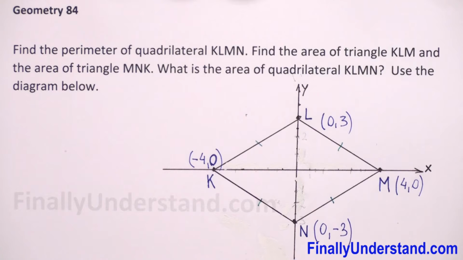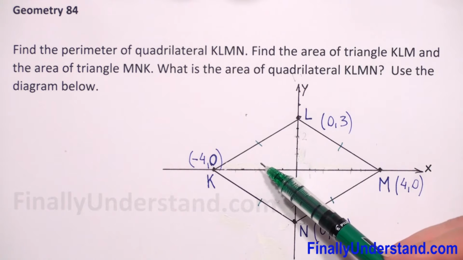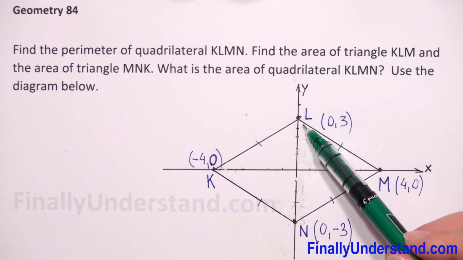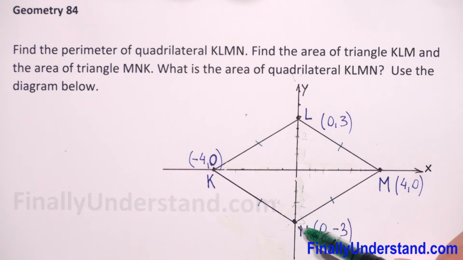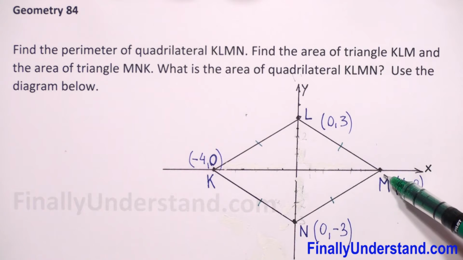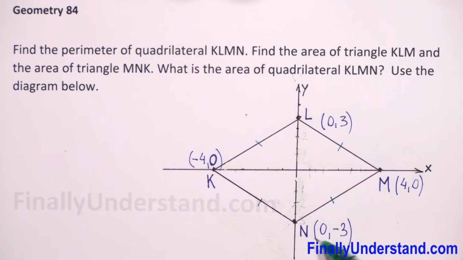And when you fold this sheet of paper along the x-axis, again we have that KL will cover KN and LM will cover NM. So we can say that we have here a regular quadrilateral.